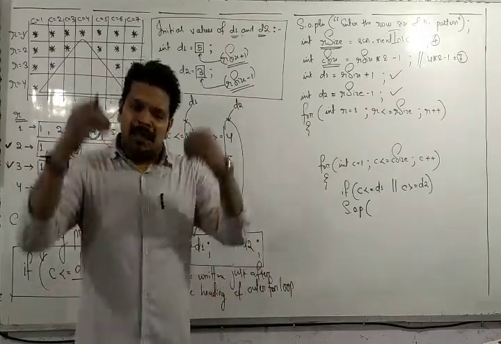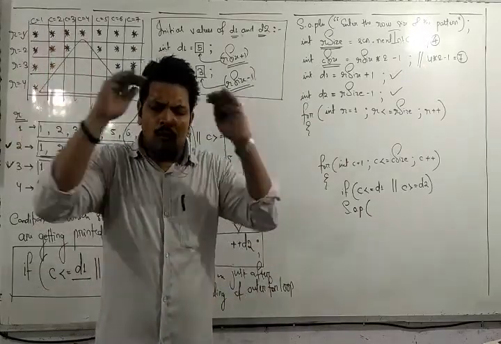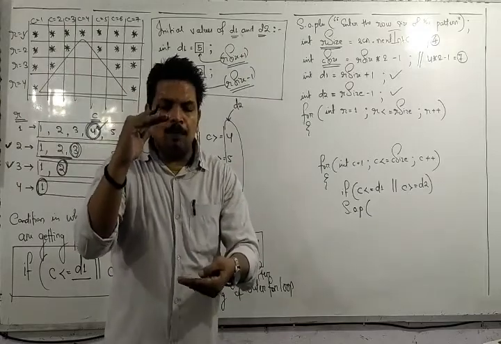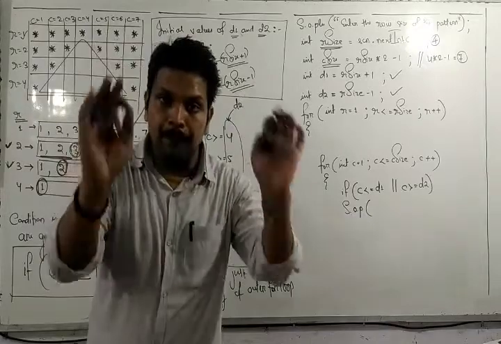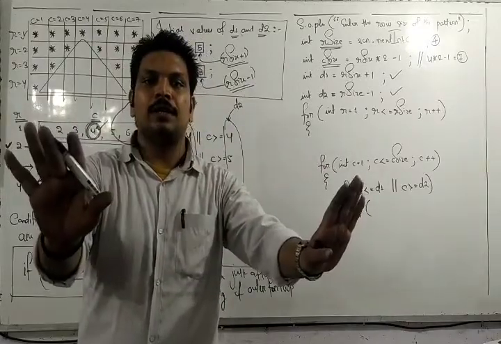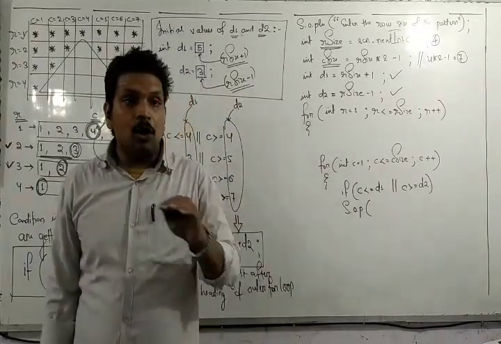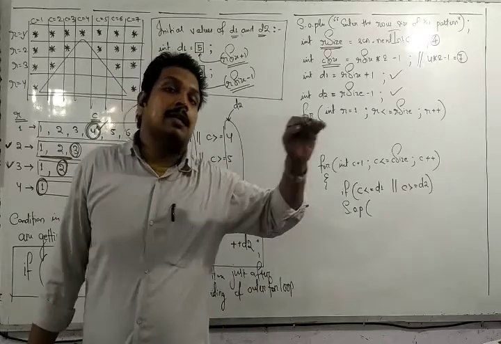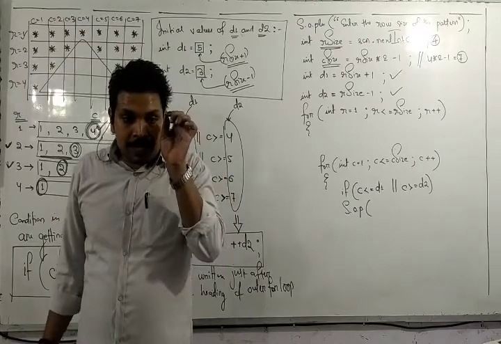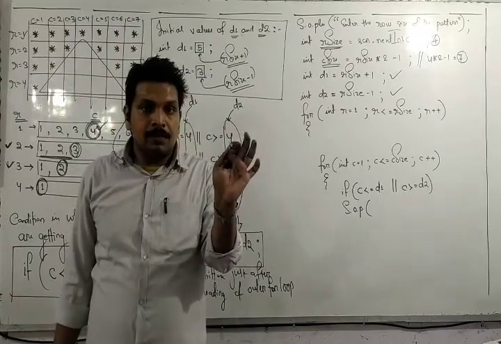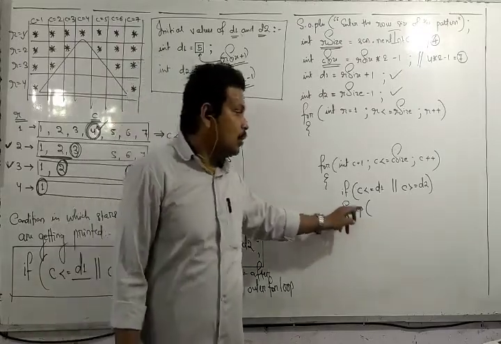Always remember, in any pattern programming, within the body of inner for loop, you have to write system.out.print, not println. Why? Because the inner for loop prints all the stars in a single line.